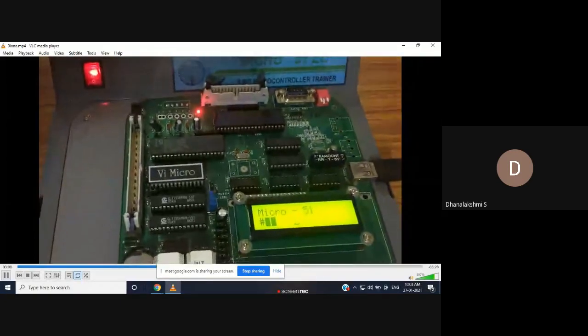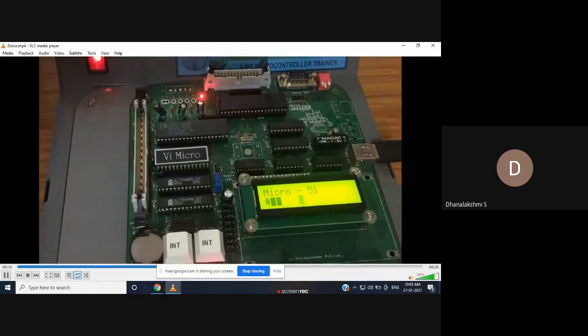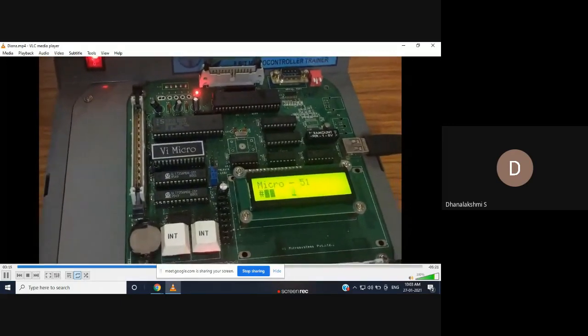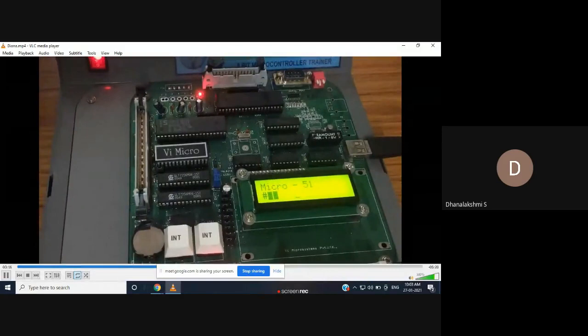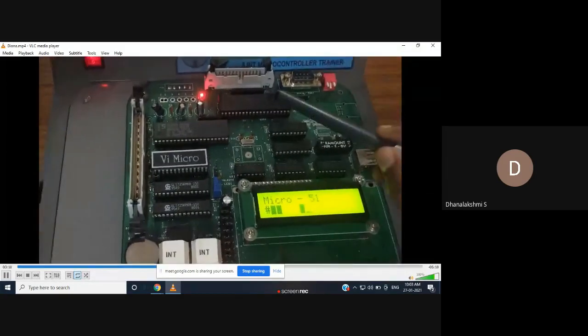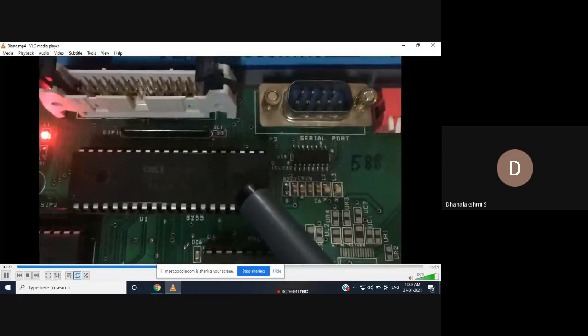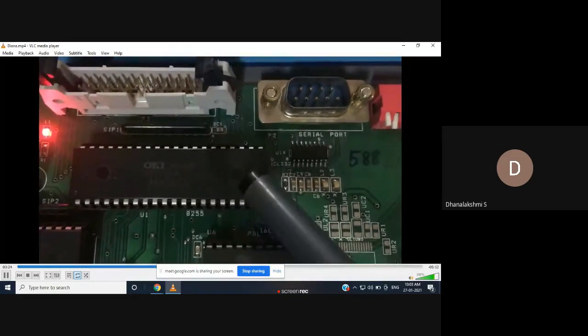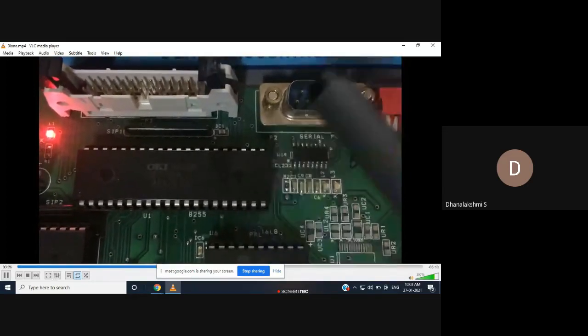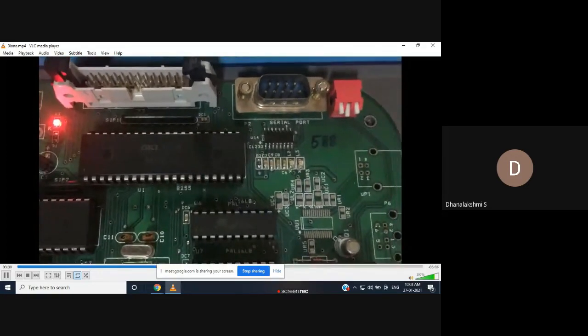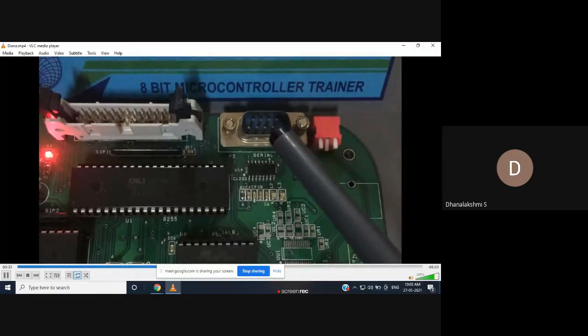And next, coming on to input-output lines, 48 input-output parallel lines can be accessed using 2 numbers of 8255 PPI. This is the 8255 IC, which is set as Programmable Peripheral Interface. And one RS-232 serial interface using 8051 serial port.